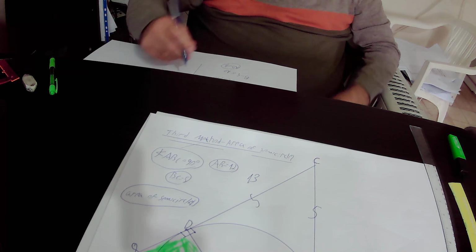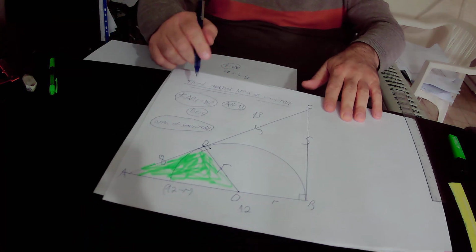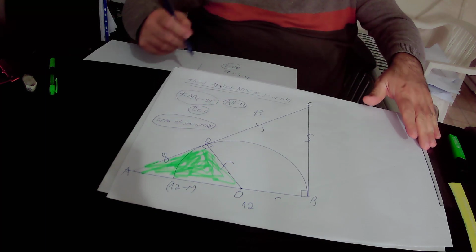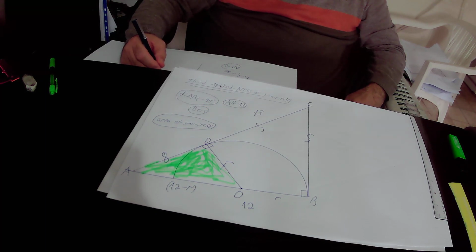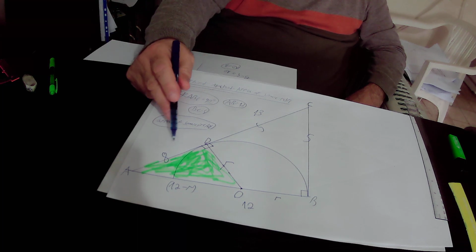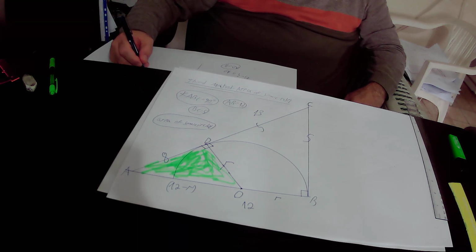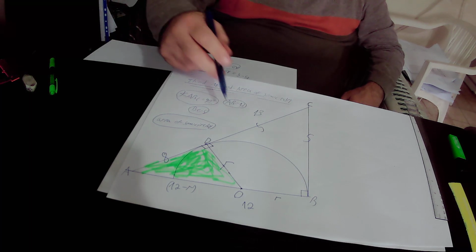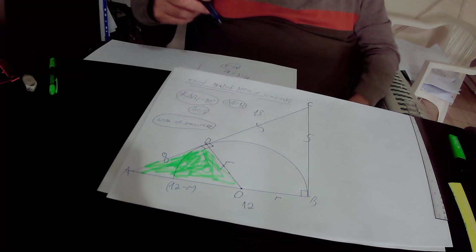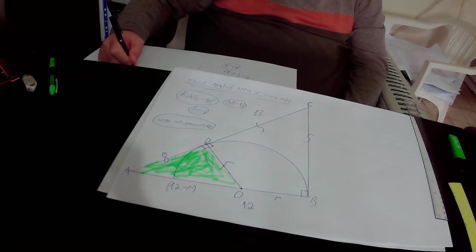AO equals 12 minus R, so AO square is (12 minus R) square, and it equals AD square. AD equals 8 units, so AD square is 8 square, 64, plus DO square. DO equals R, so DO square equals R square.